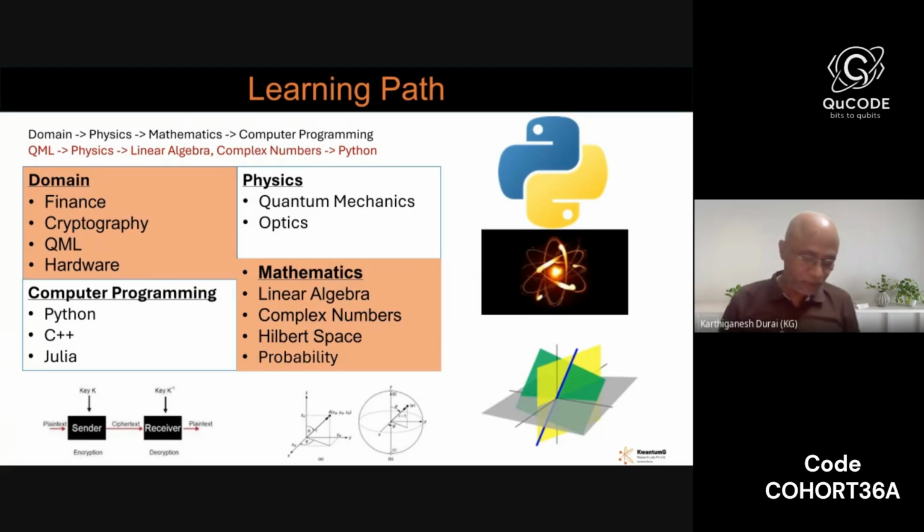For example, mechanical, civil, electrical, biotechnology, commerce, MBA, or economics, and weather forecasting, environmental, and supply chain management, logistics. These are all various domains which can benefit by building quantum solutions.